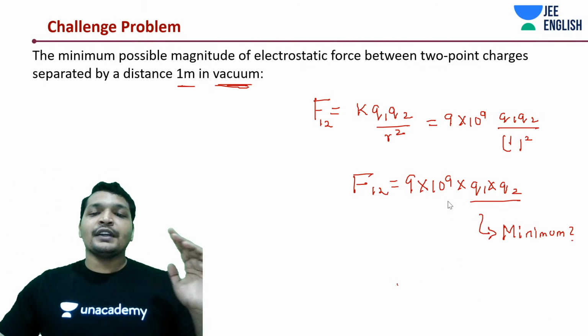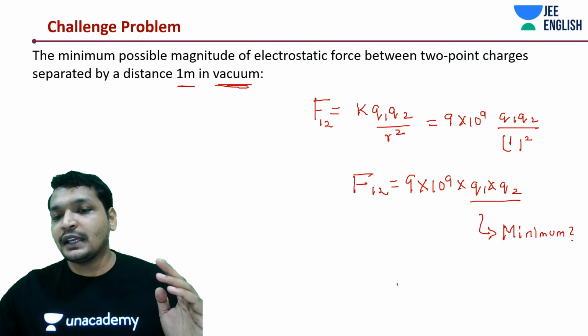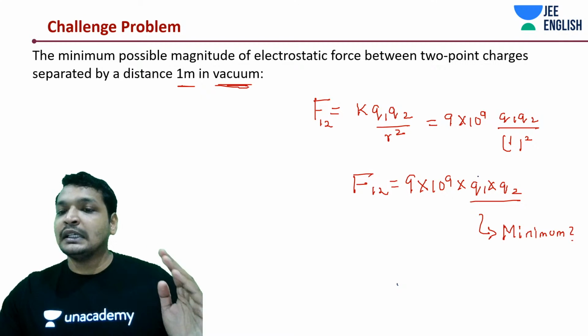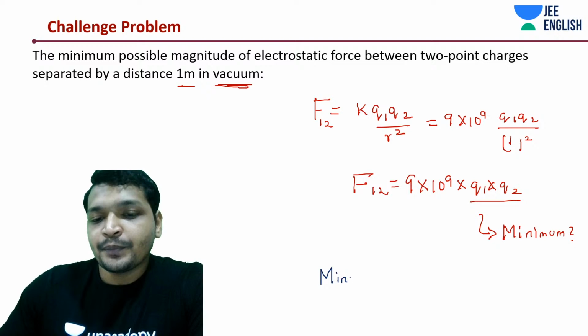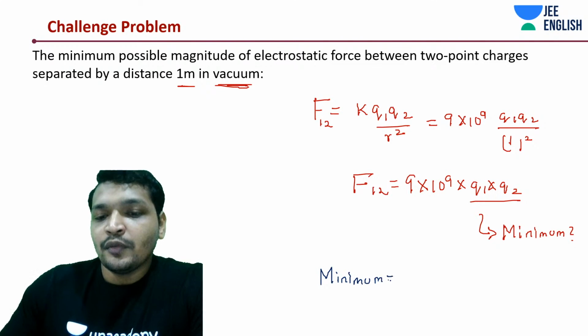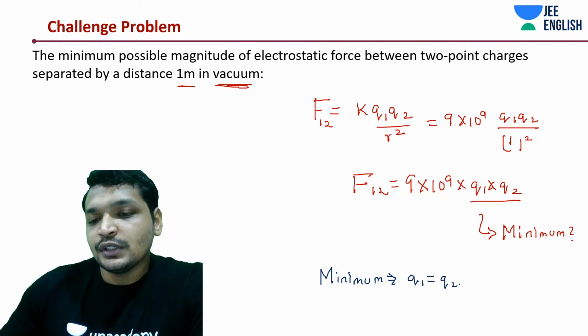Think about it very, very carefully. It is only possible if they have a value equal to e. It is only minimum when Q1 is equal to Q2 is equal to e.